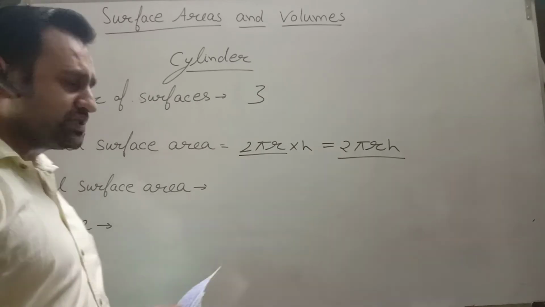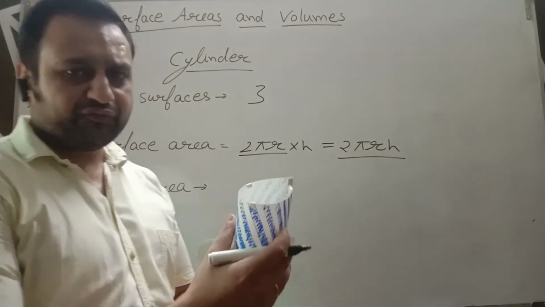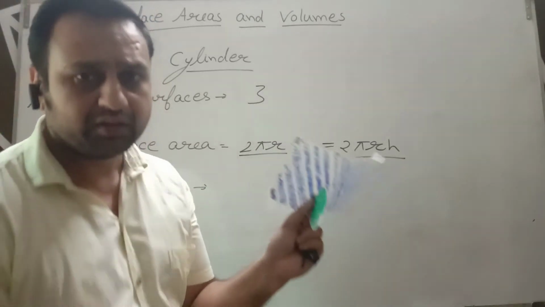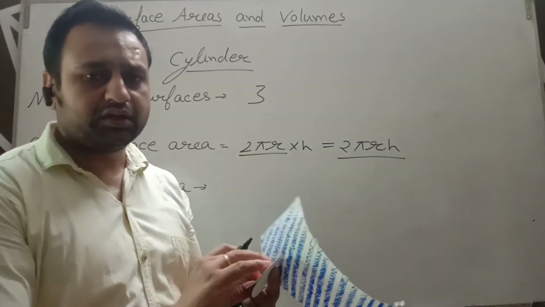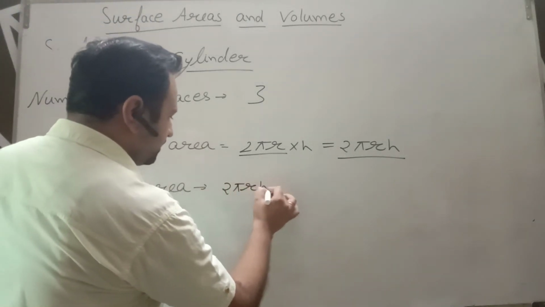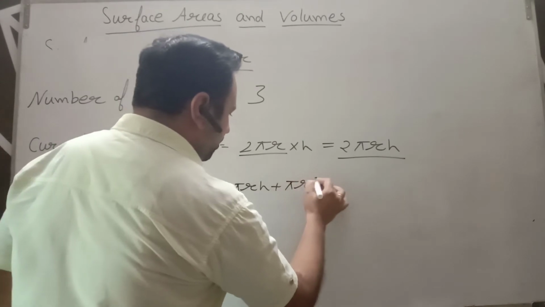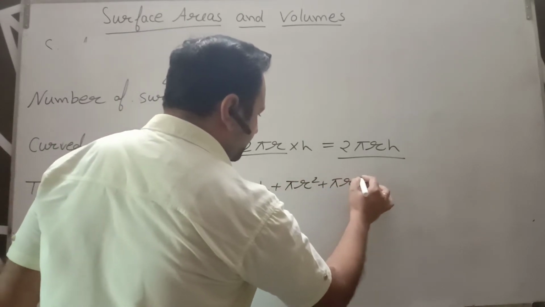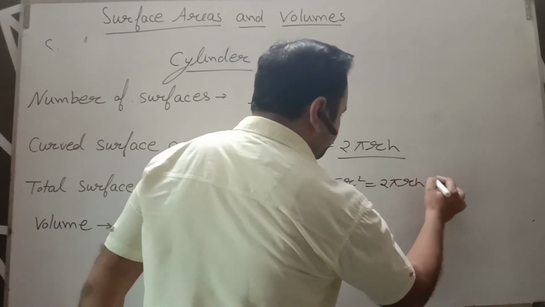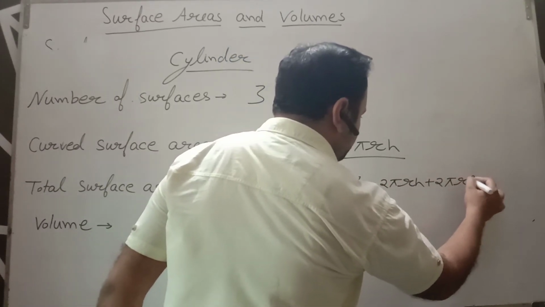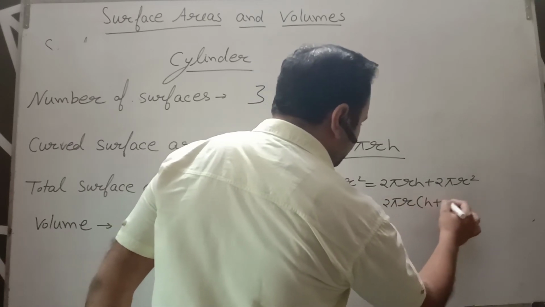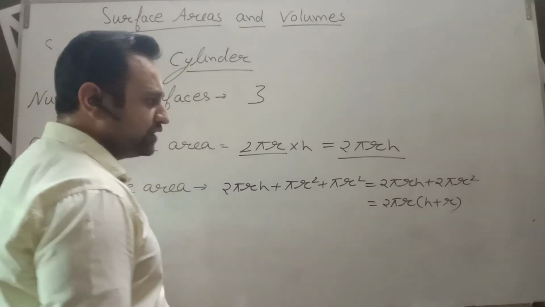Now total surface area: when the area of top and area of bottom are both added to the curved surface area, then it is called total surface area. So 2 pi r h plus 2 pi r square. We take 2 pi r common, then it is the formula of total surface area.